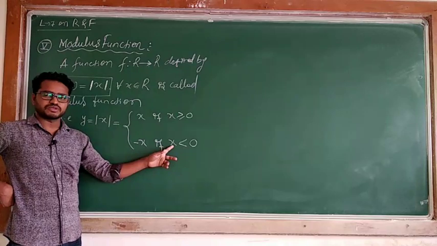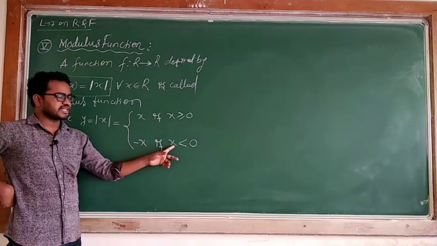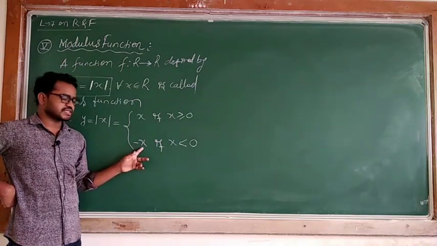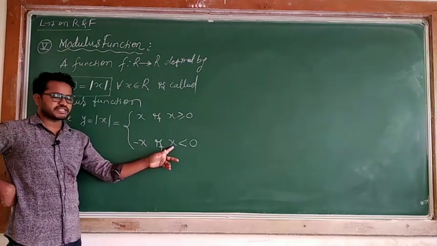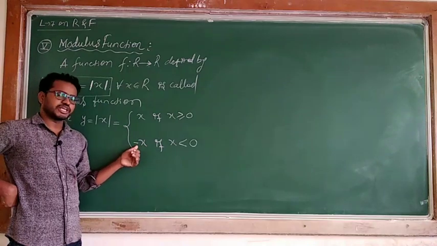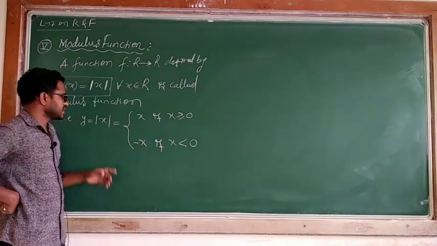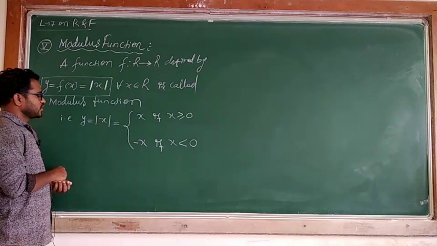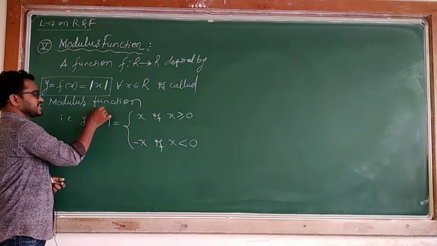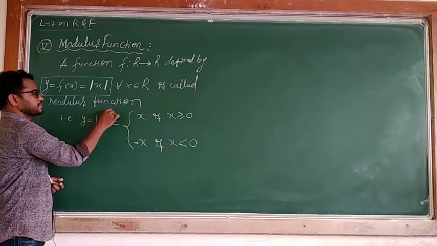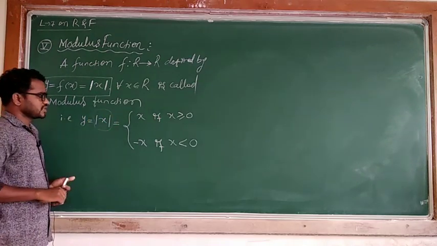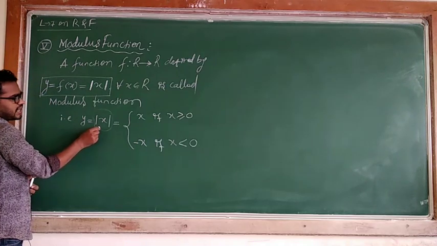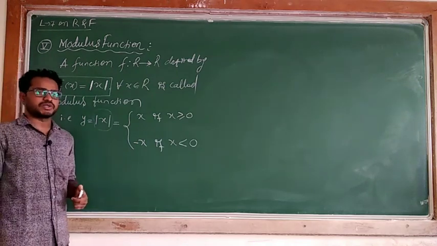X is minus 4, the same, because when x is less than 0 its value is minus x. When you take negative x values, negative of the negative always becomes positive. So ultimately the y value is always positive. Modulus of x is always a positive value.